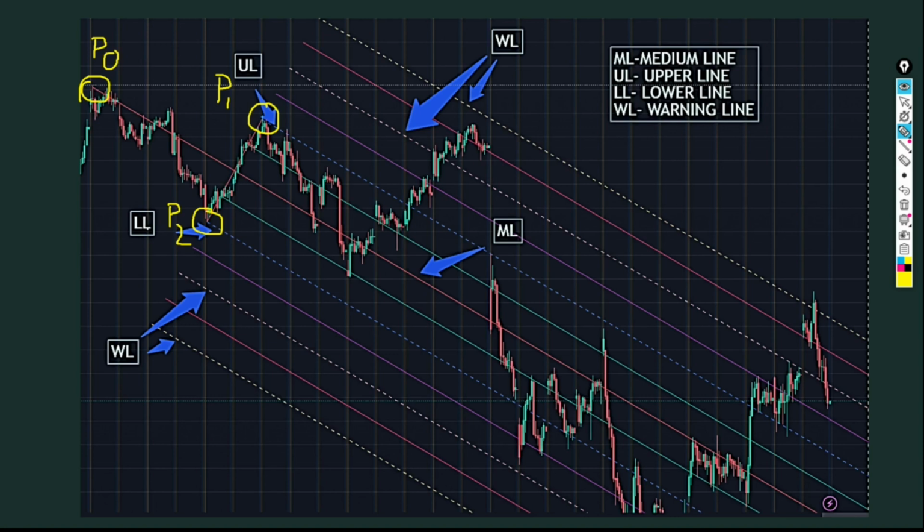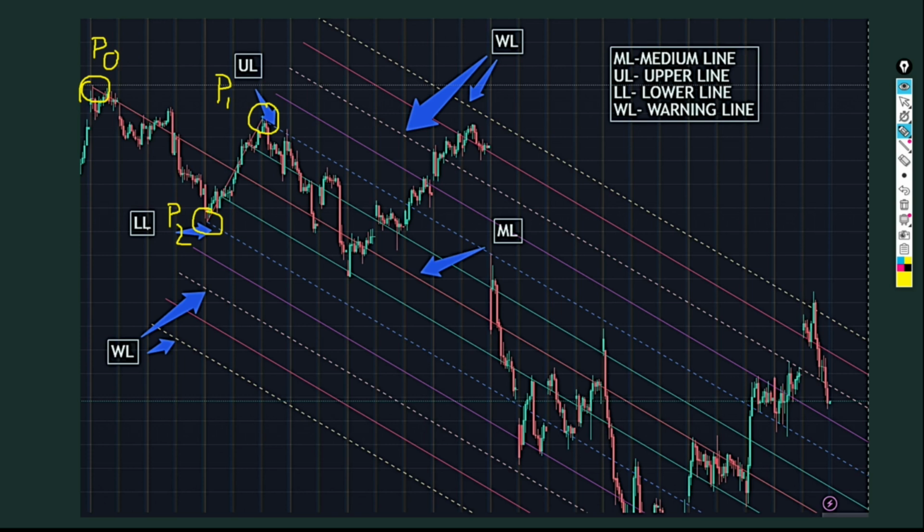And this median line also has other parallel lines, that is the upper line and this is the lower line. At an equal distance from the median line to the upper and lower line, there is another parallel line.